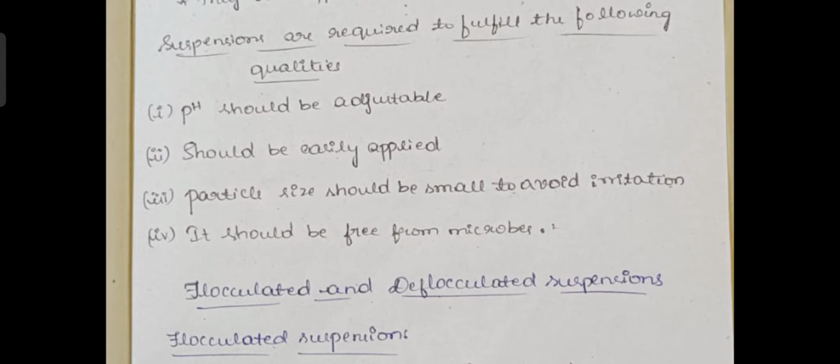If it is not sterile, and microorganisms are there, then another bacterial or viral infection may occur, and the medication we are giving becomes useless. So we have to keep in mind that suspensions for topical use, ophthalmic use or parenteral use should be free from microorganisms.